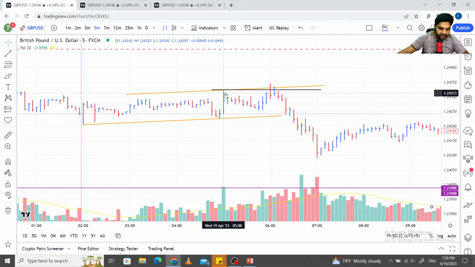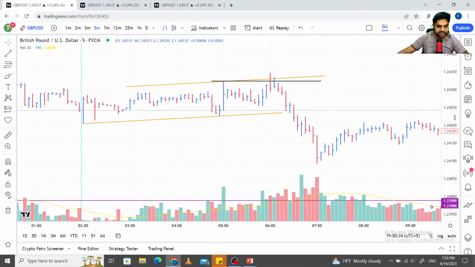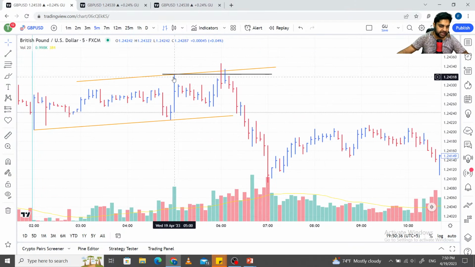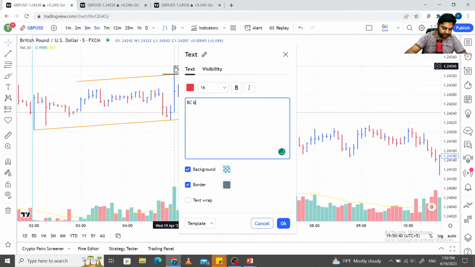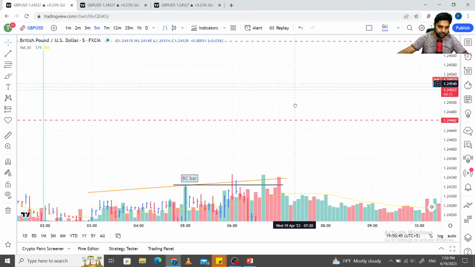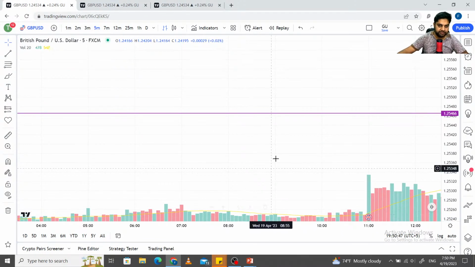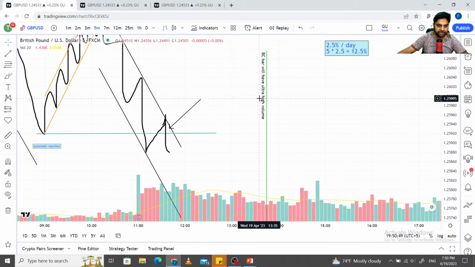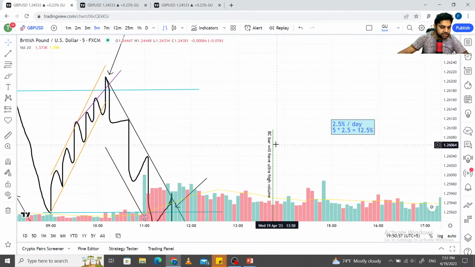And what do we call this bar? We will call this a BC bar, a buying climax bar. Why? Because look at this. Guys, what did I say? I told you earlier, the BC bar will have ultra high volume, and it will also close in the middle.